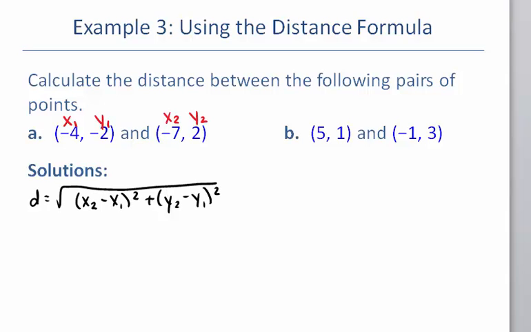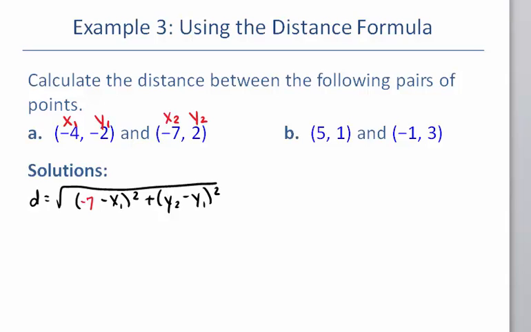Once that is done, then all we need to do is enter these numbers into our formula. And so I really want to be careful with the negative signs. In place of the x2 in the formula, I am going to enter in a -7.